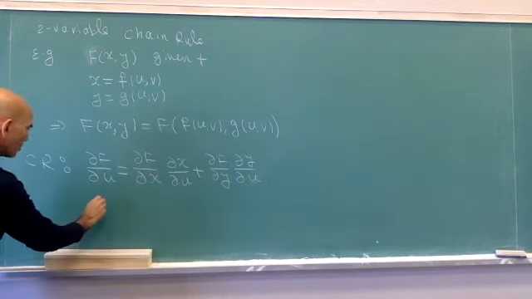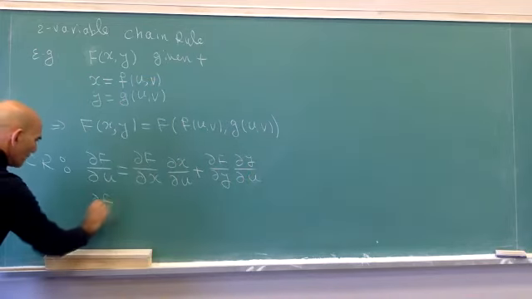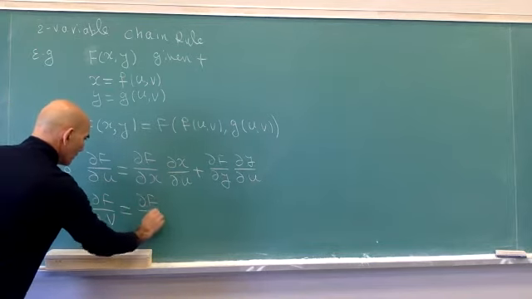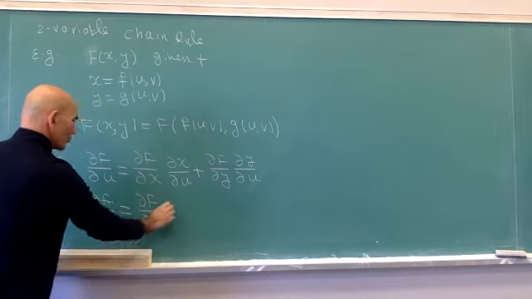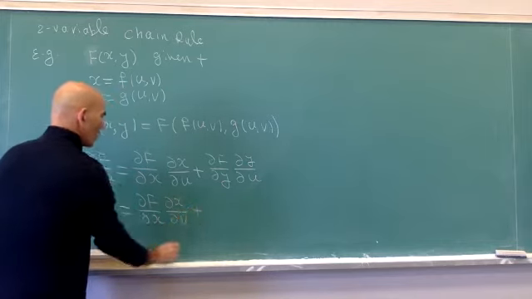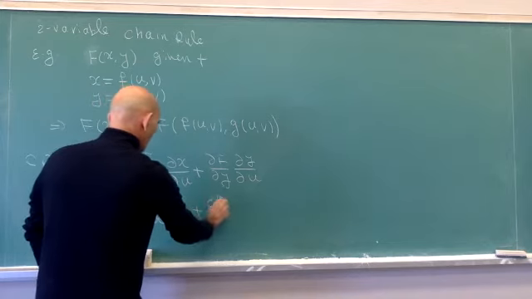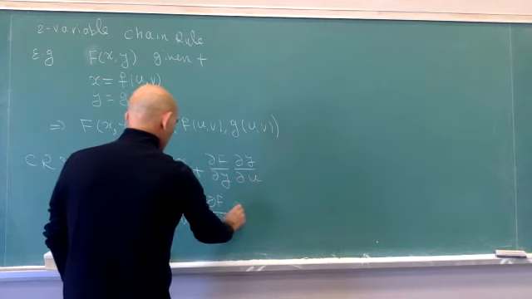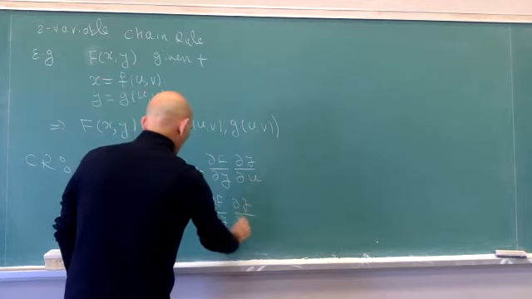And also partial of f with respect to v is equal to partial of f with respect to x, partial x with respect to v, plus partial f with respect to y, partial y with respect to v.